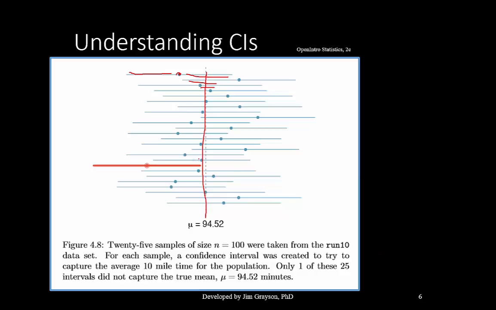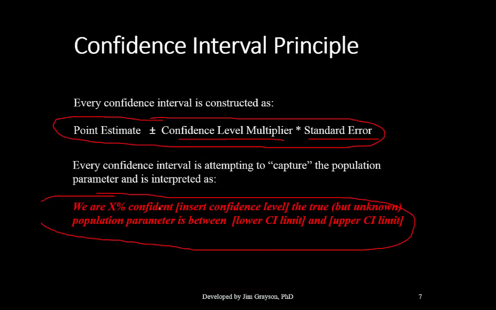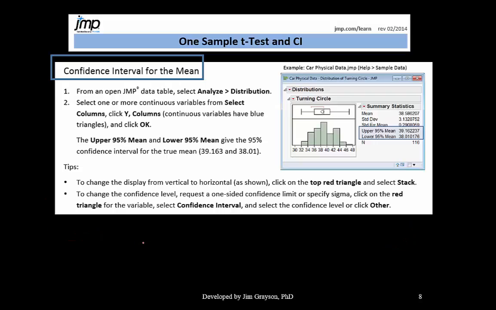So if we constructed this and we get one of these, we don't know which one, and say there were 100 of them, then we would be saying we're 95% confident that our one particular confidence interval overlaps that, and that gives us some basis of constructing this confidence interval. Just the way that we're constructing this gives us the ability to state our confidence interval in this fashion.